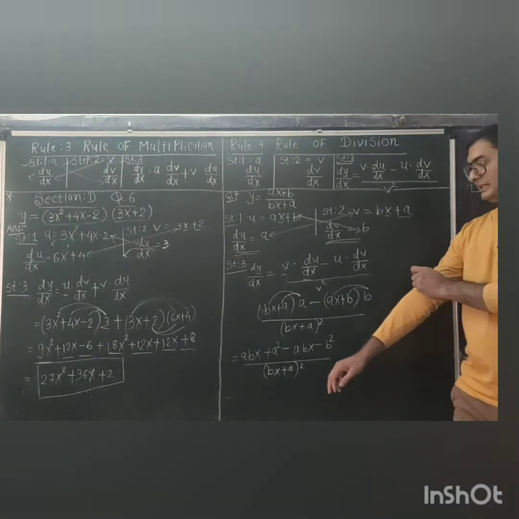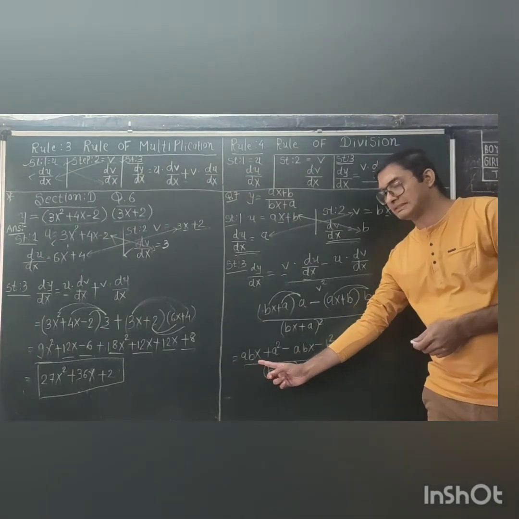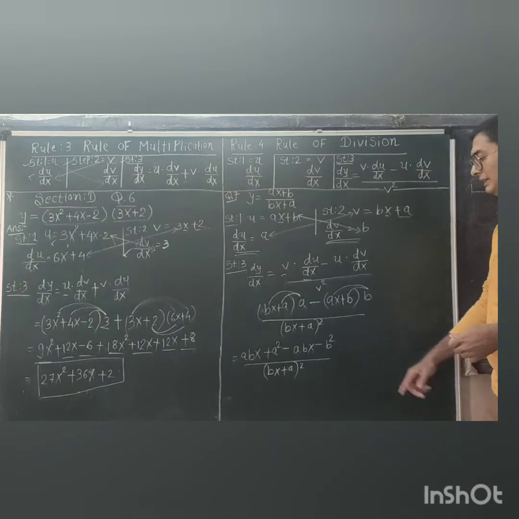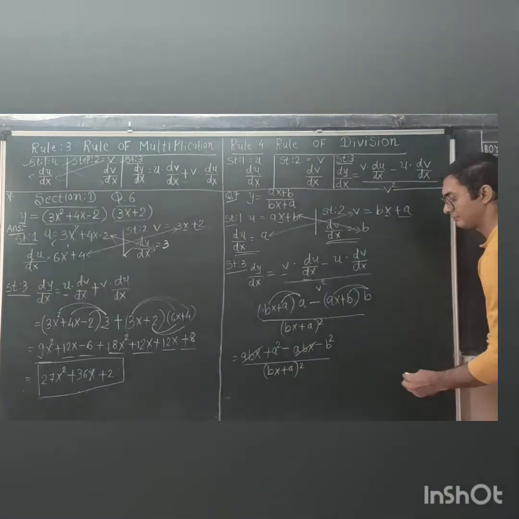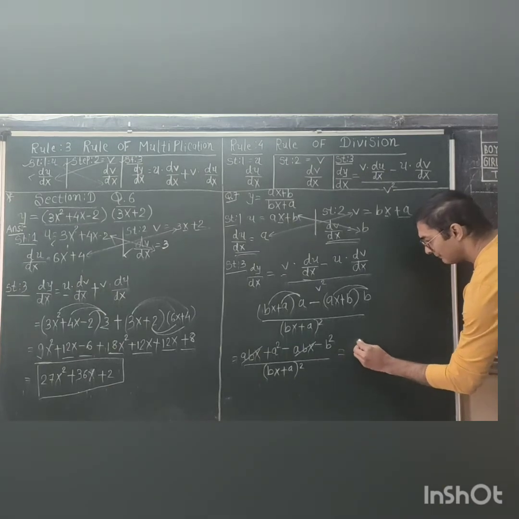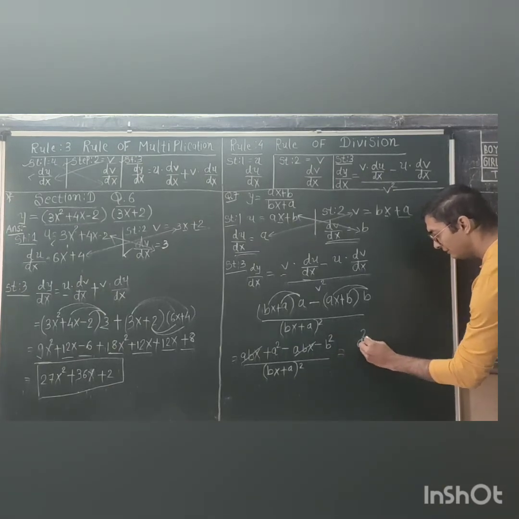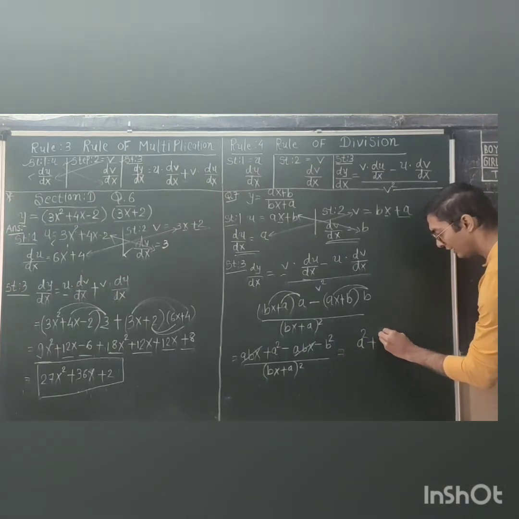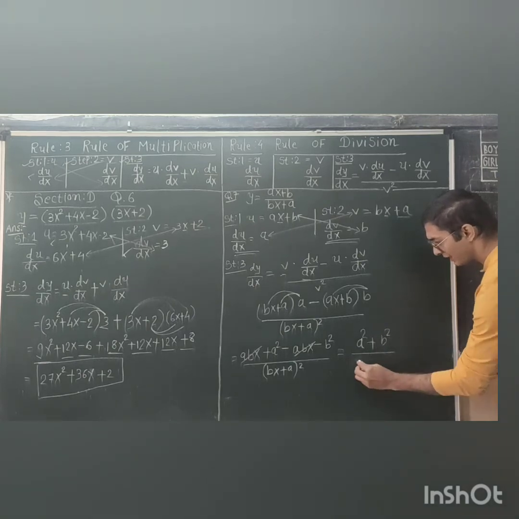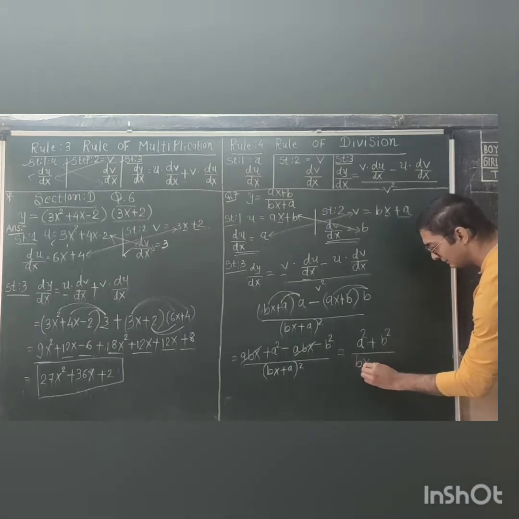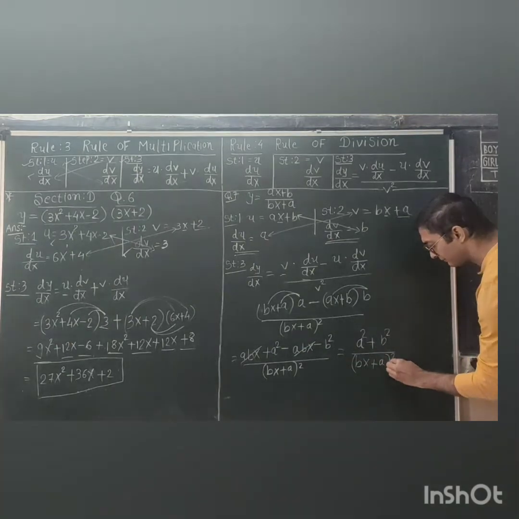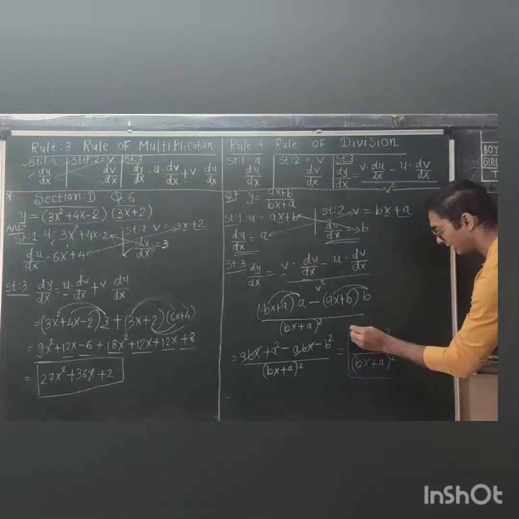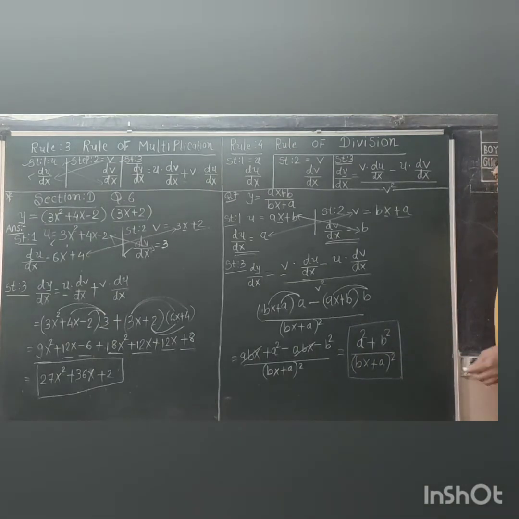Now you can simply check that here abx is positive, here abx is negative, so it would cancel. And finally a square minus b square divided by bx plus a whole square. So this is the final answer.